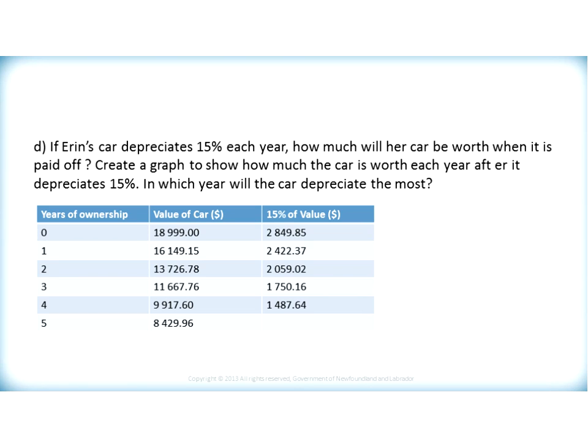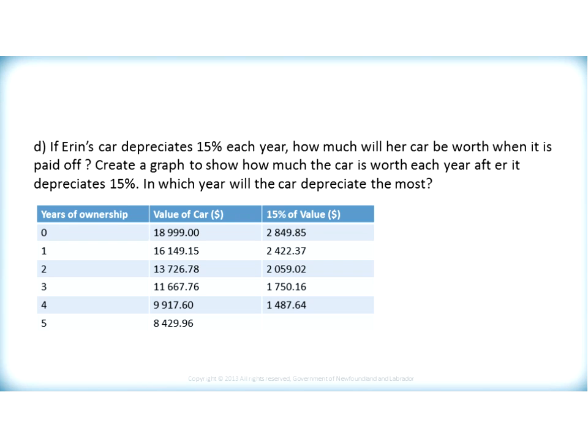So we can see that the value of the car has dropped in the first year by $2,850, in the second year by $2,400 roughly, in the third year by a little over $2,000. In the third year, the value has dropped by $1,750, and in year 4 it's dropped by just under $1,500.